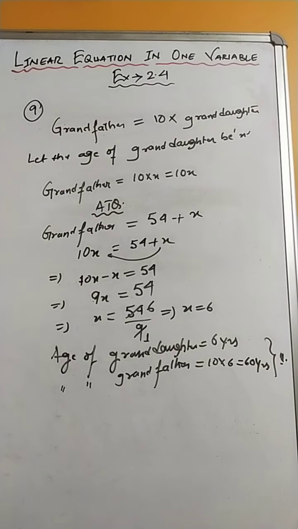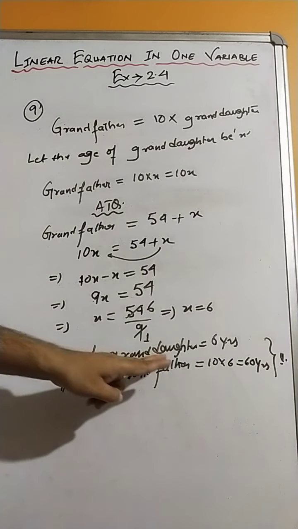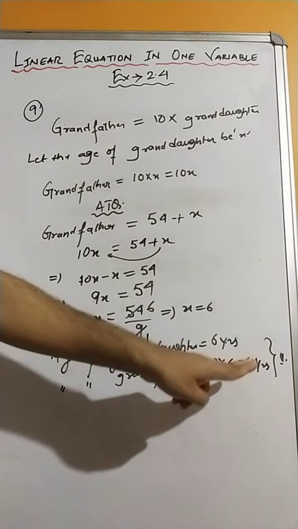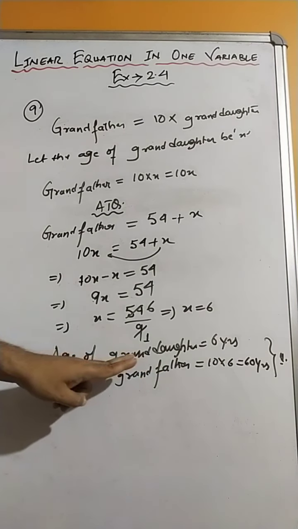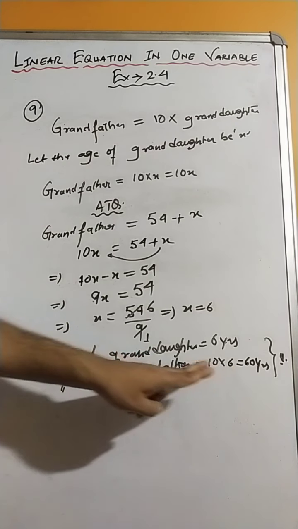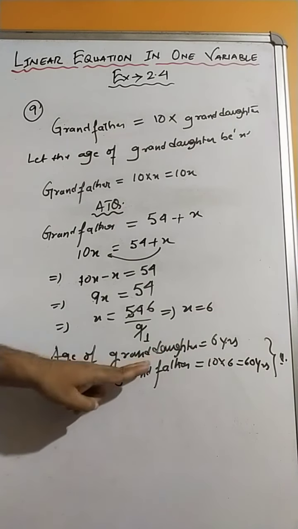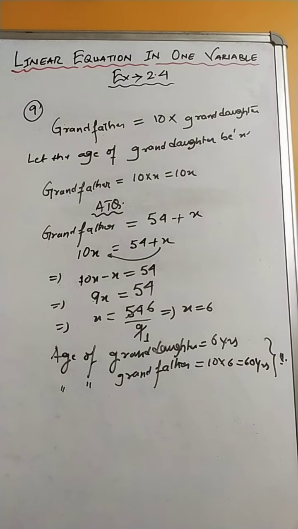When the granddaughter is 6 years, the age of grandfather would be 10 into 6 because he is 10 times older than his granddaughter. So that would be 10 into the present age of the granddaughter, that is 6, and that will give you the answer as 60 years. Fine. I hope everyone has understood this sum.